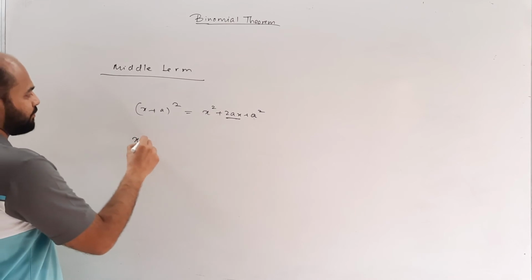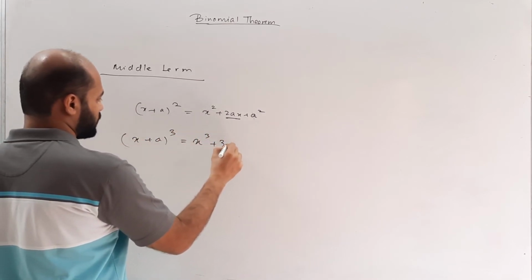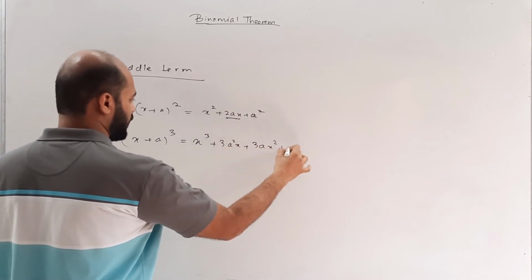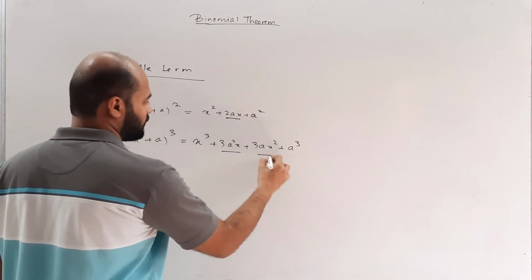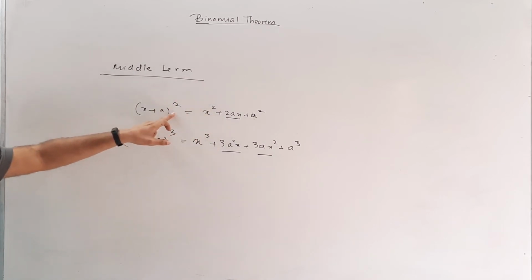However, if we do (x plus a) cube, we are going to get x cube plus 3a square x plus 3ax square plus a cube. We are going to get the middle terms as the 2nd and 3rd. So there are two middle terms when the power is odd, and there is one middle term when the power is even.